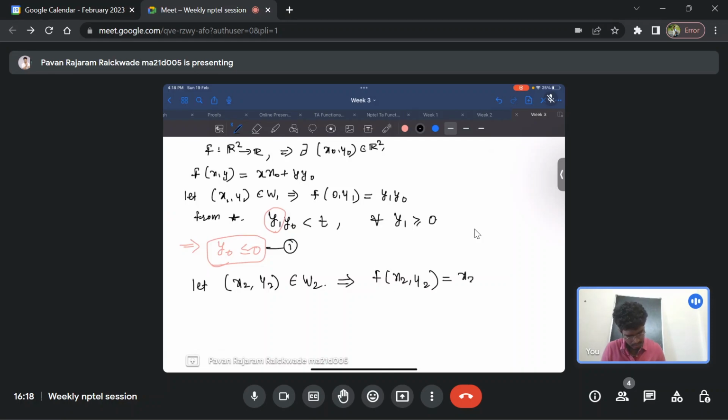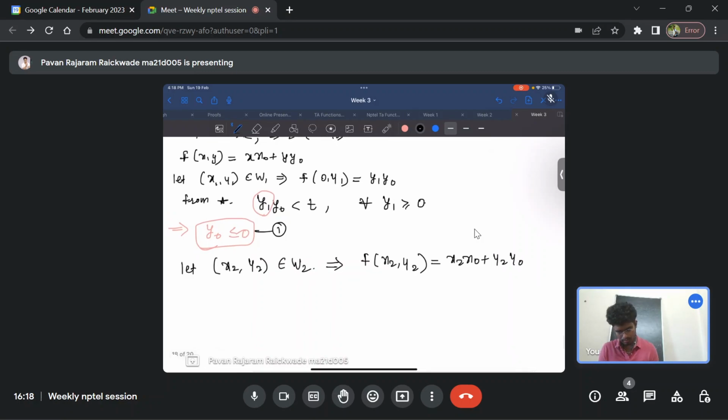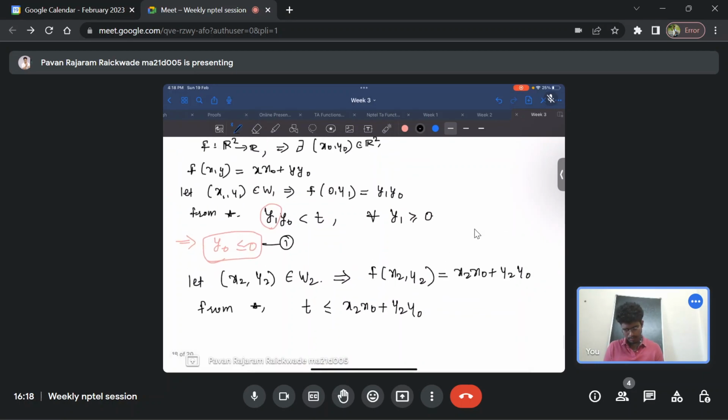It is x2·x0 + y2·y0, and from star, t is less than or equal to x2·x0 + y2·y0.